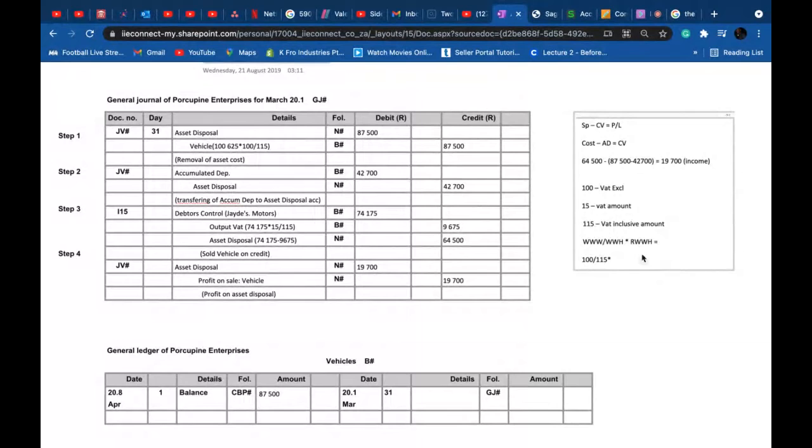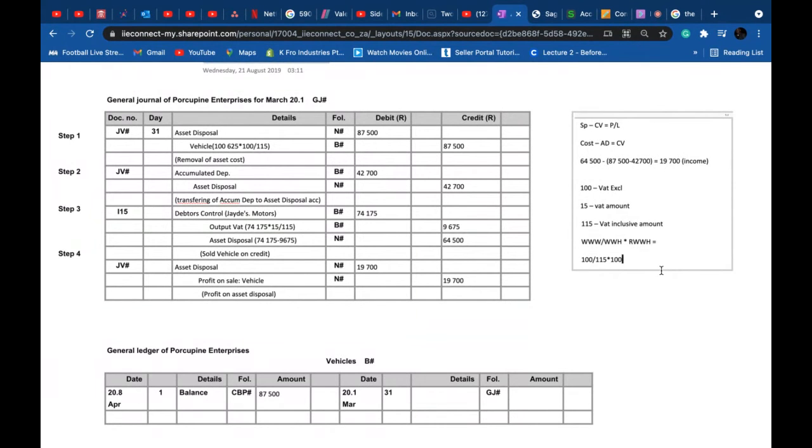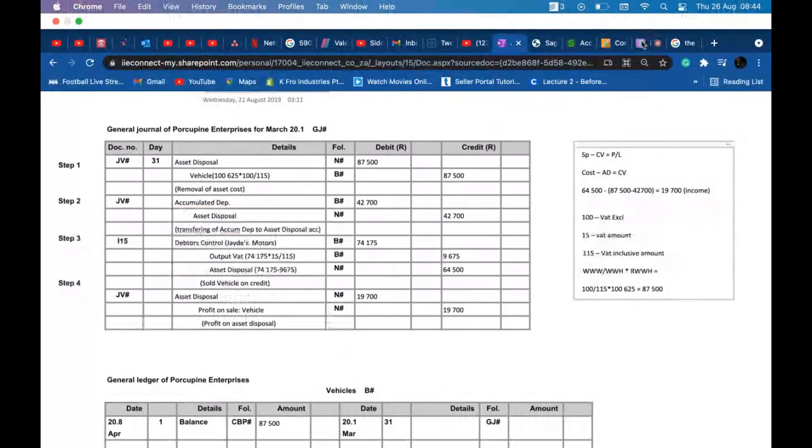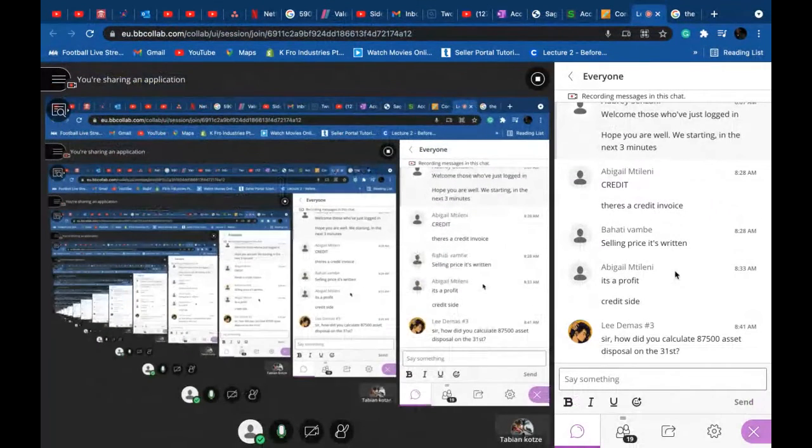Then we're saying times what we have, the random amount, which is this 100,625. And that's how we got the 87,500 if you punch that into your calculator. I just thought I'd explain the logic as well. I hope that answers your question.